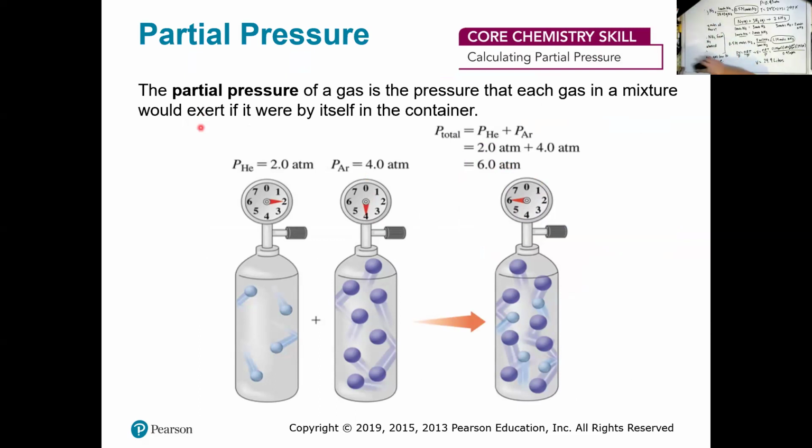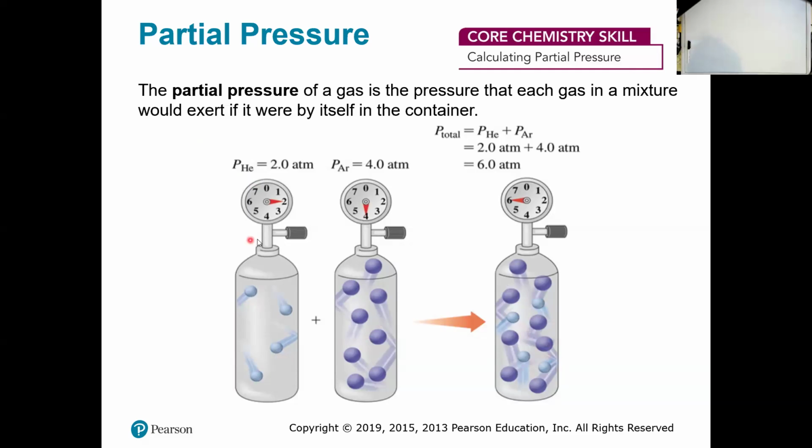This idea of partial pressure is linked to the individual contribution of a single gas that's part of a gas mixture. What you're seeing here, we have helium in this tank, we have argon in this tank, and in this third tank, we've put both of those gases into the same tank.